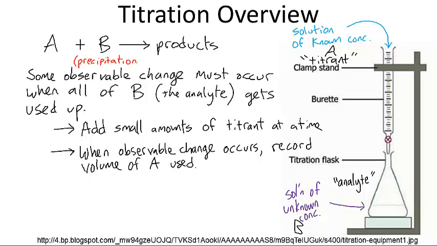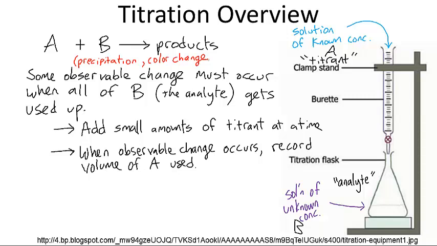But there are others that you can't see with the naked eye that you need to measure. So things like pH change. You could see a rapid pH change that could signal that you've reached what we call the end point of the titration. Another would be a conductivity change. So there are different ways to measure this.